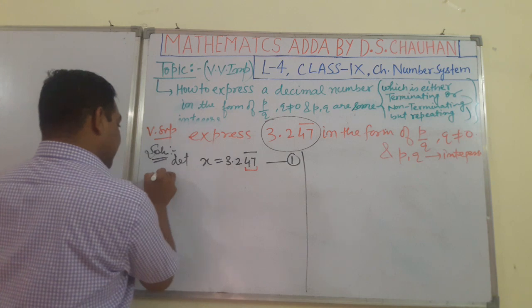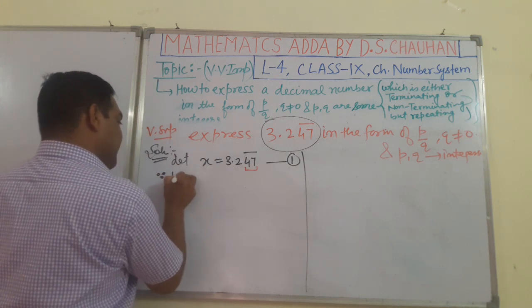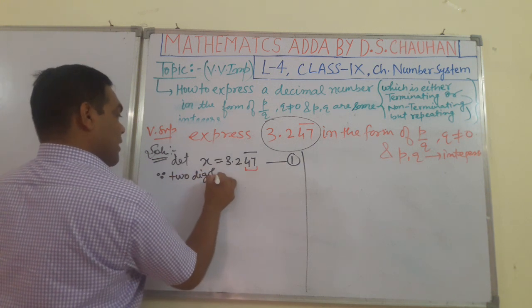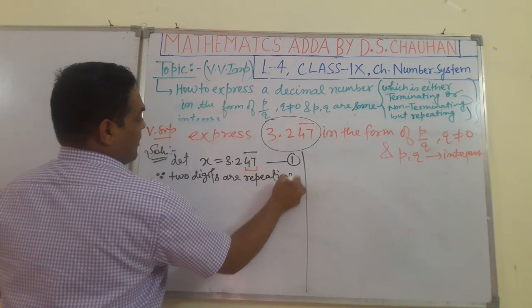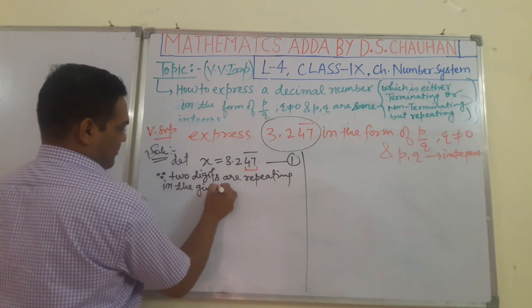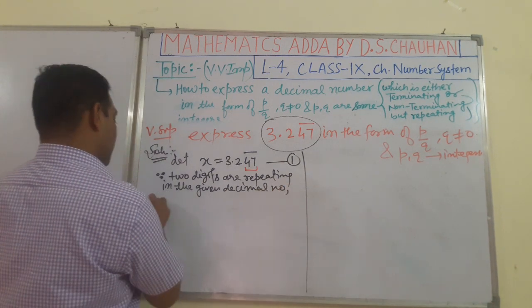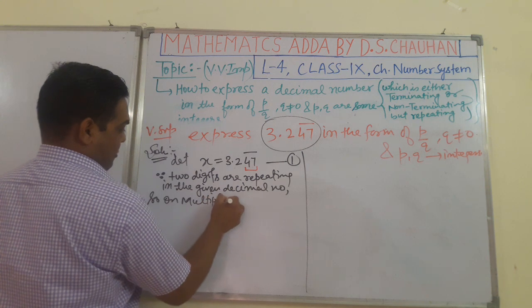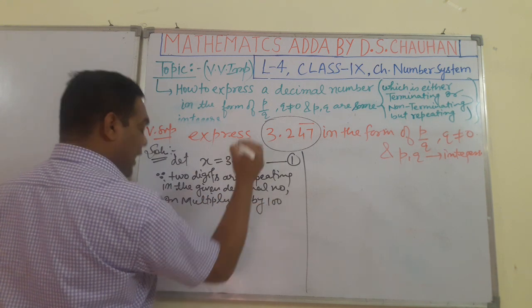Since 2 digits are repeating in the given decimal number, we multiply by 100.